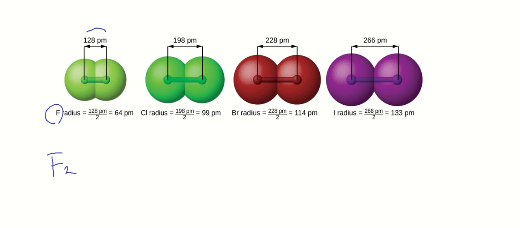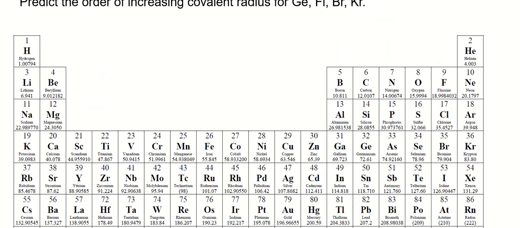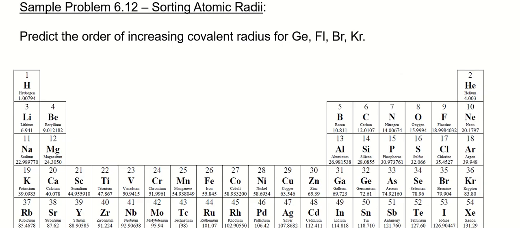If it's a non-metallic element that doesn't form diatomic compounds, then we can estimate from all the other compounds that it forms. An interesting note is that the numbers you get from this method are much different from the 90% density atomic radius of the electron cloud. I'm going off topic here. It's a consistent way, so we're going to use that.